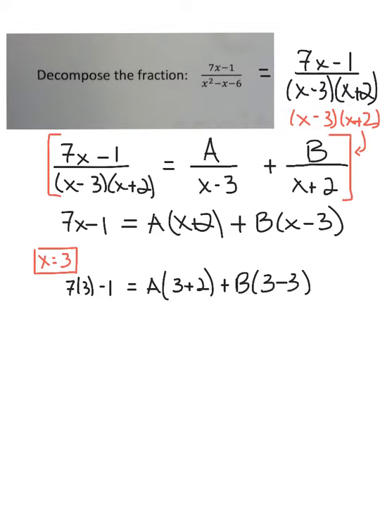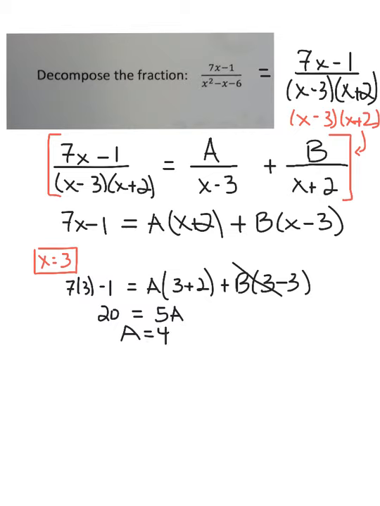Do you see that right here, this is going to cancel out, which actually will make it easy for us. We want that to happen, so that we can figure out what a is. Okay, so on the left-hand side I'm going to have 21 minus 1, which is just 20, equals 5a, and now you can see that a is 4.